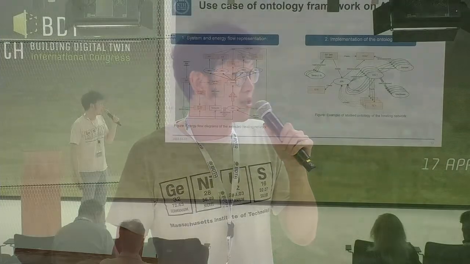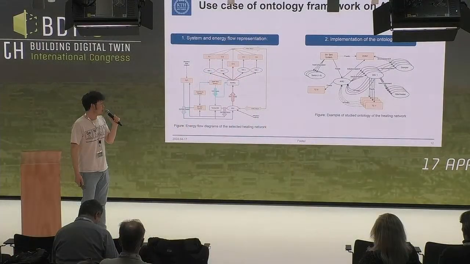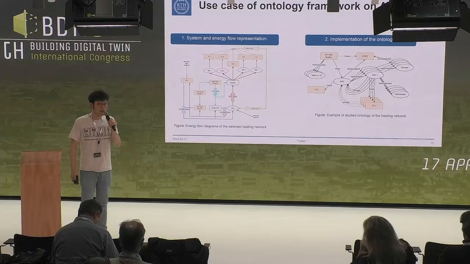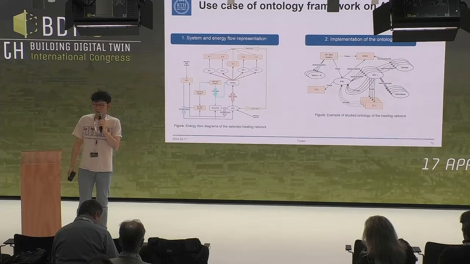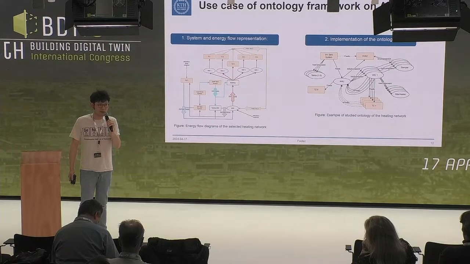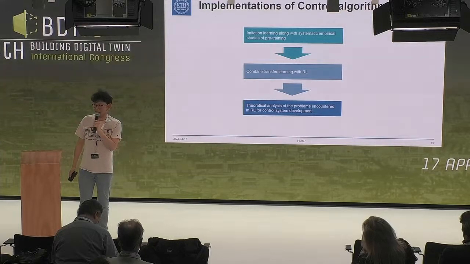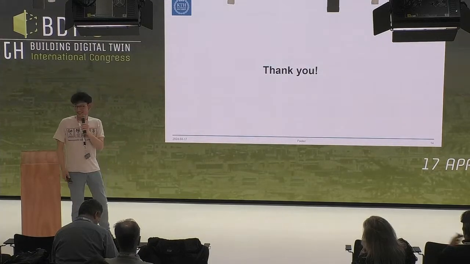For example, this is a very simple exercise we did in Sweden, even for a test bed that is ventilated by heat recovery, and you can see the relationships and the network can be quite complex. So I still think there is quite a lot of work to do to really make this happen, and hopefully we can continue this work and deliver. Thank you.